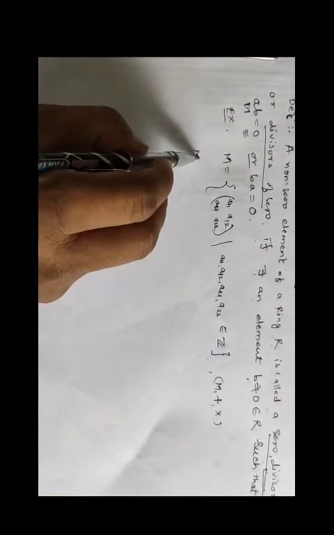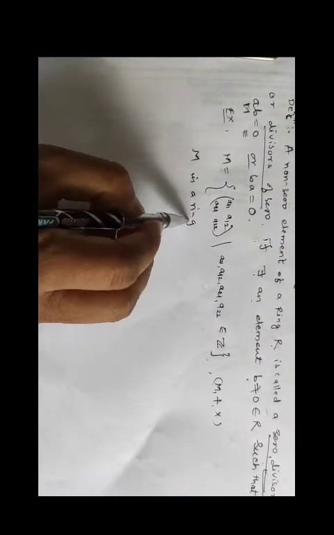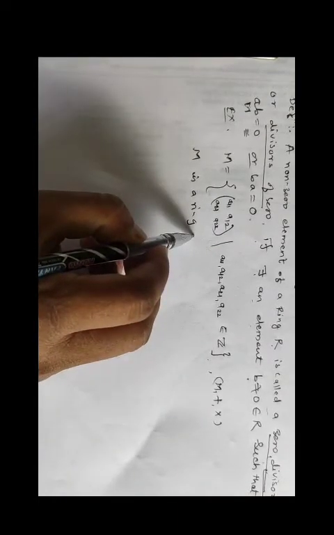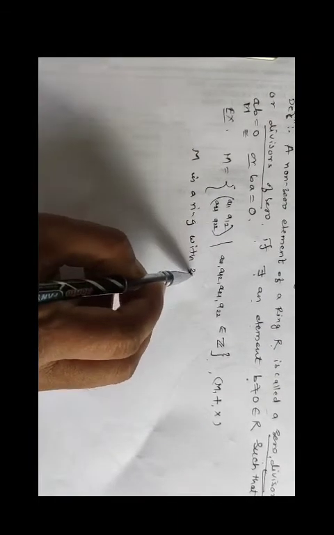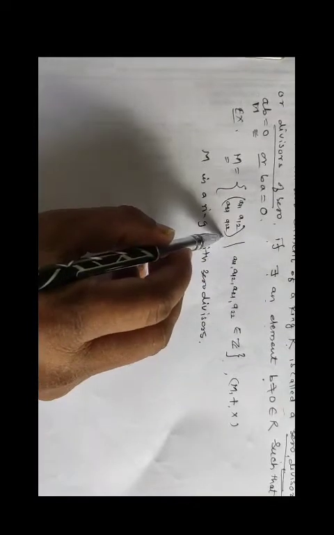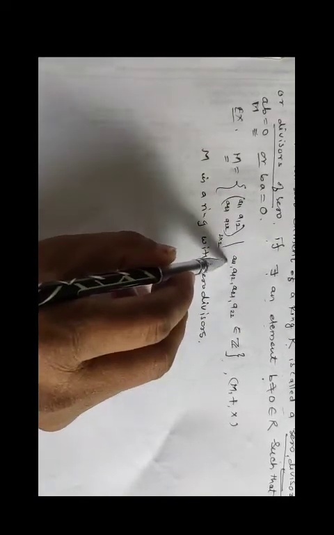This ring M is a ring with zero divisor. That means M is the ring of all such 2 by 2 matrices where A11, A12, A21, A22 all belong to the integers. Then M with addition and multiplication is a ring with a zero divisor.